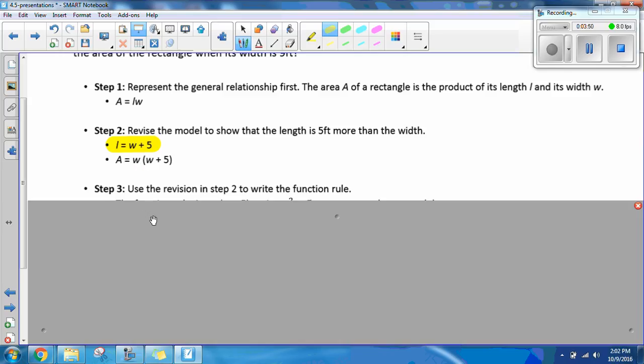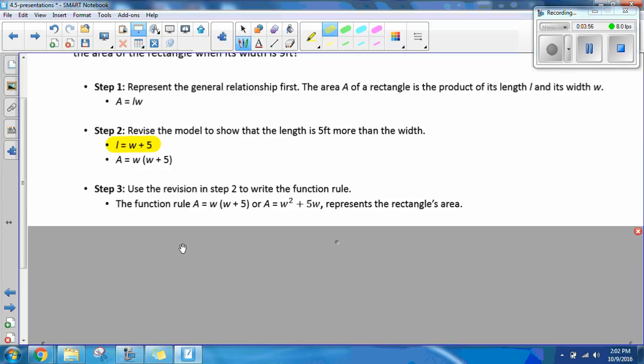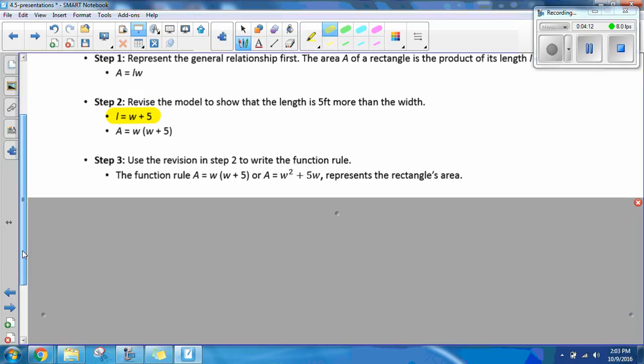Now we can write our function rule from this equation: A is equal to W times W plus 5, or A is equal to W squared plus 5W, since we've distributed that W outside, represents the rectangle's area.